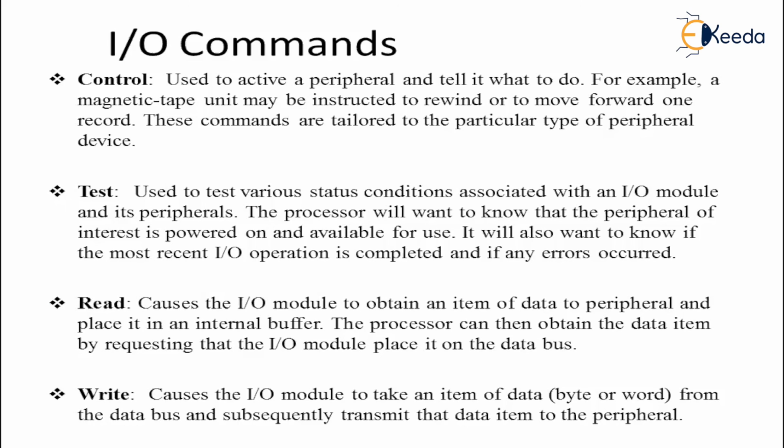Now, what do you understand by write operation? This will cause the I/O module to take an item, which may be in the form of a word or a byte, from the data bus and then transfer the data to the peripheral.